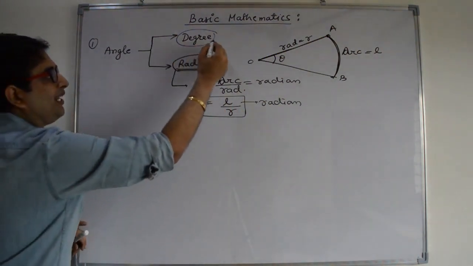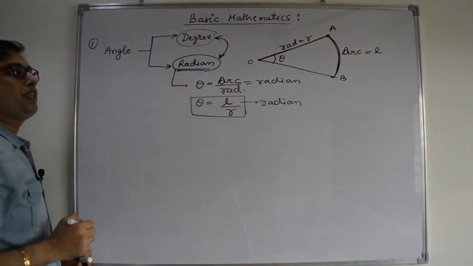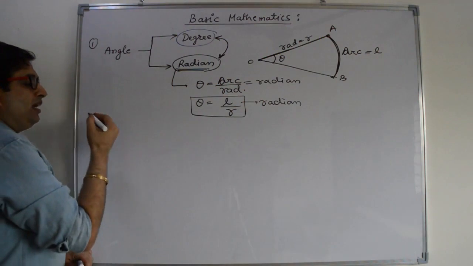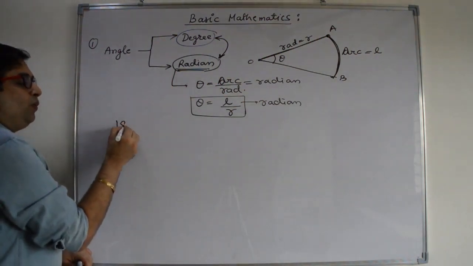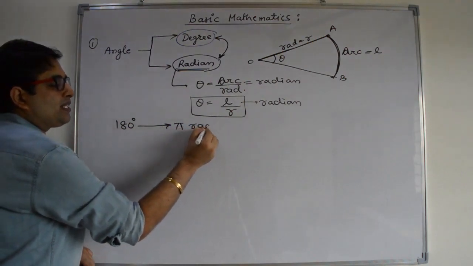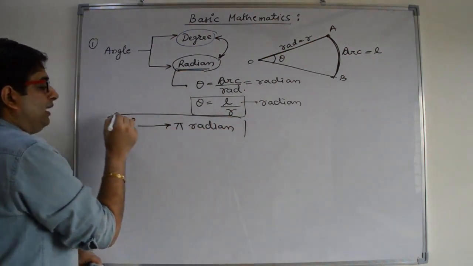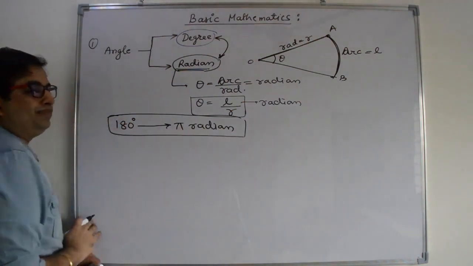Now what is the relation between degree and radian? It's a very simple point. 180 degree is equal to pi radian. This is the standard relation between degree and radian.